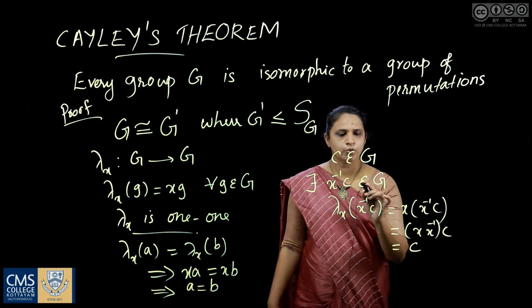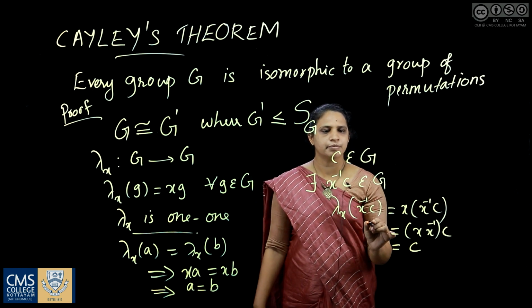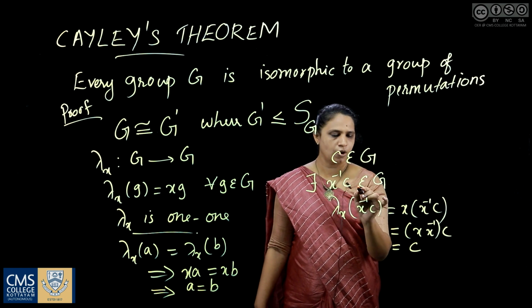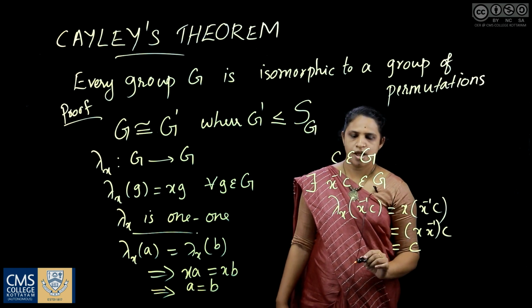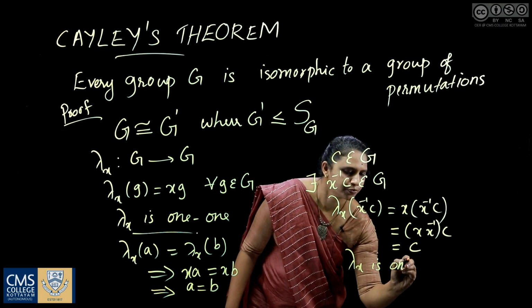So, corresponding to every c belonging to the group G, there exists x⁻¹c belonging to G satisfying the condition λ_x(x⁻¹c) = c. This means that this λ_x is onto.